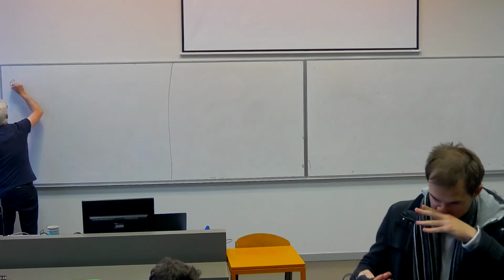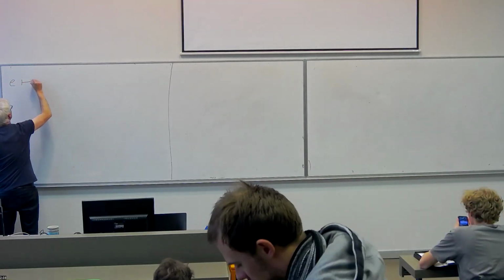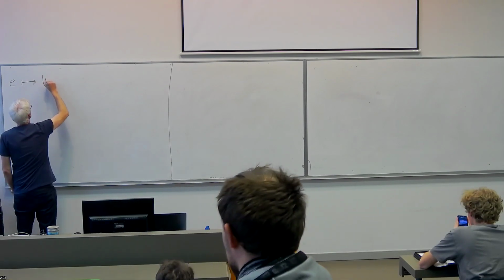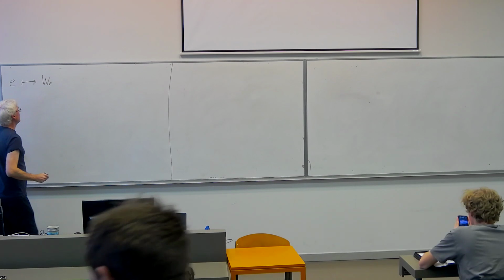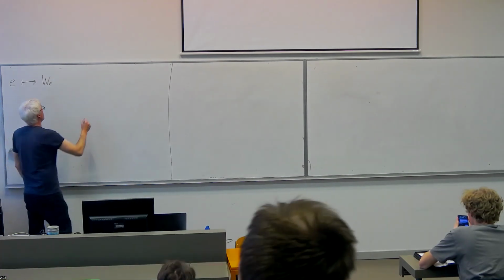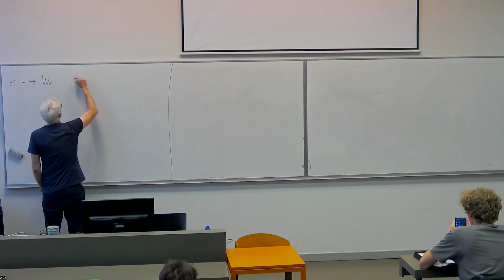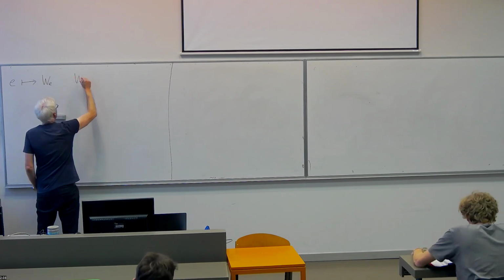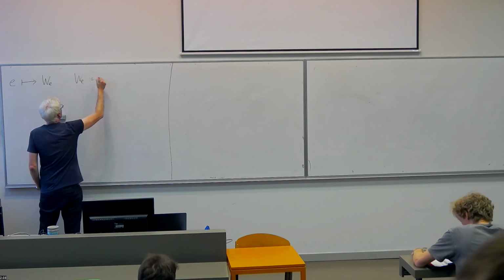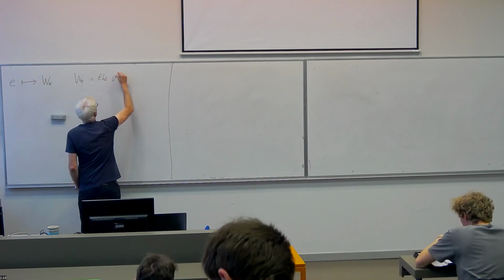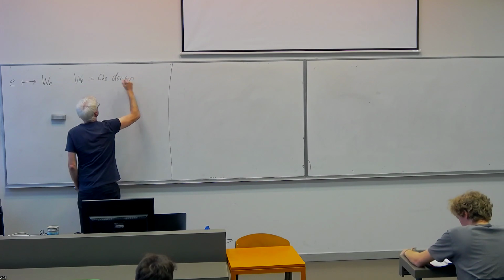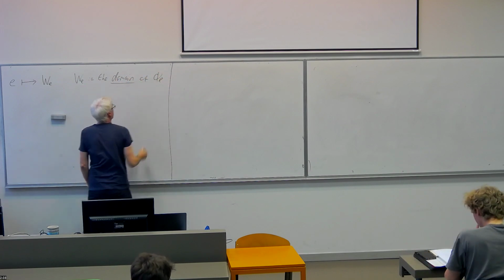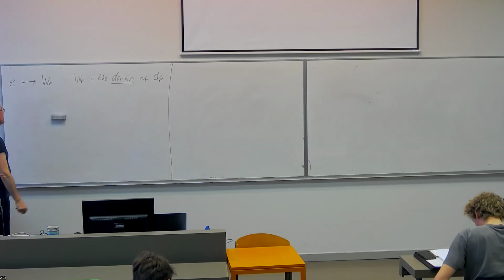So we had the enumeration E, a natural number, maps to W sub E. So W sub E is the domain of the computable partial function phi sub E.